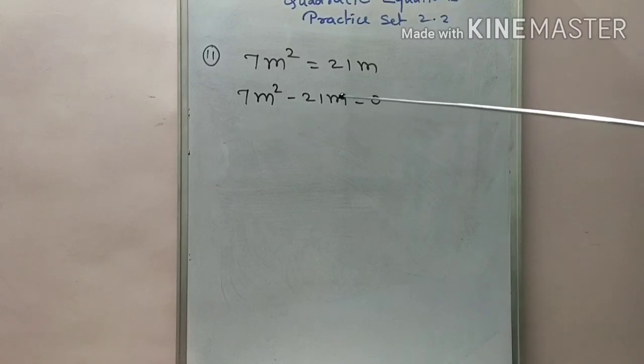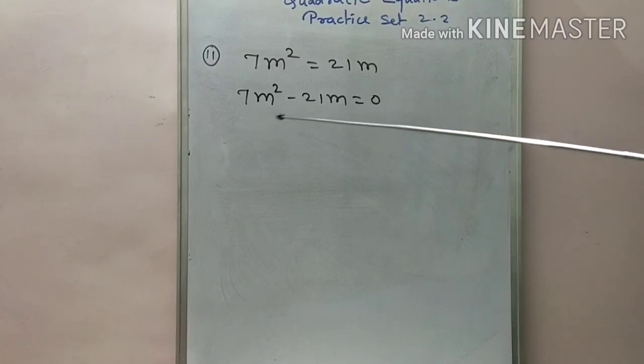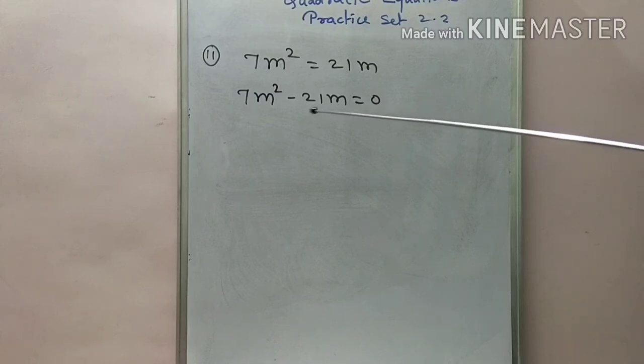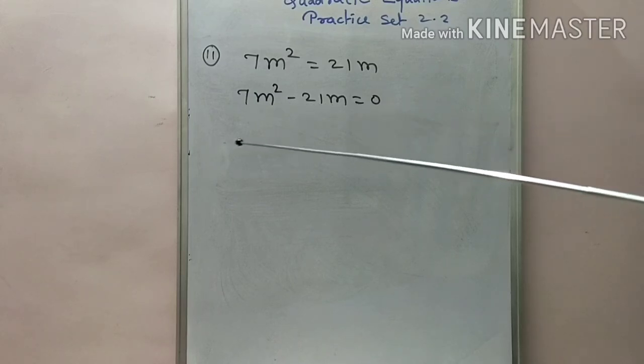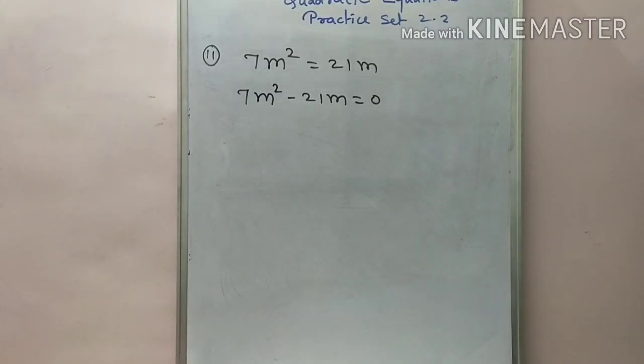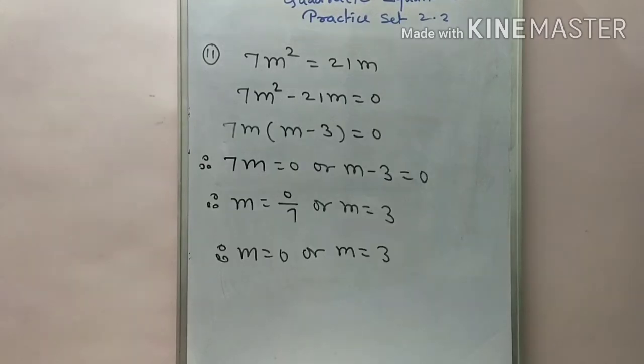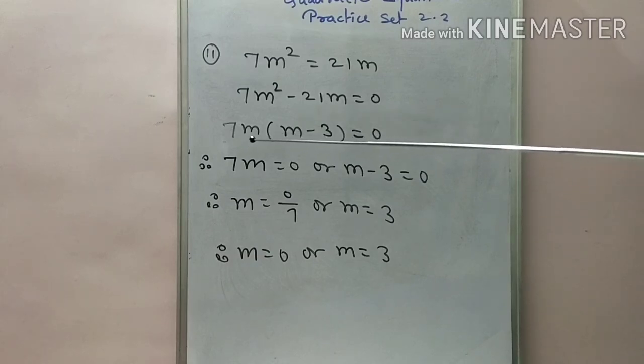Pay attention over here. As you observe, m is a common term, and in the coefficients 7 is common, so we take 7m as common. Then the remaining terms are m minus 3, since taking 7m as common, 7 times 3 is 21, so 3 is the remaining factor, equal to 0.